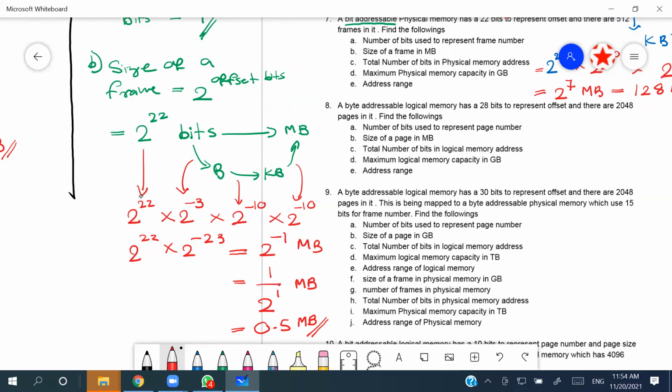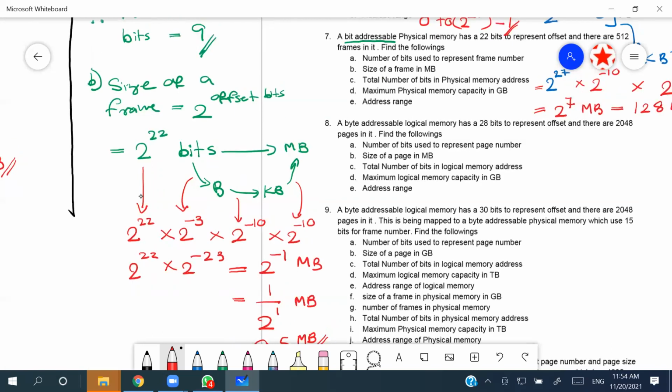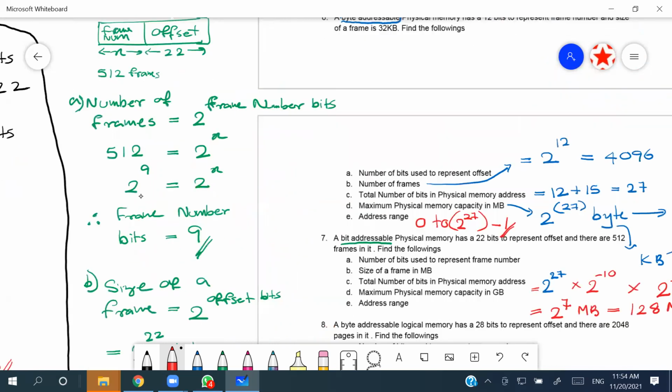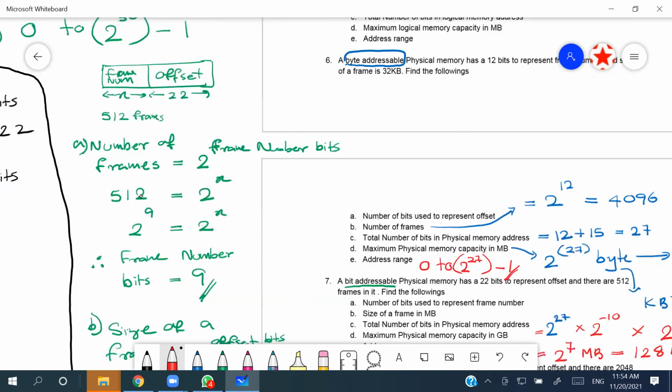Okay, and in part C, it says total number of bits in the physical memory address. Total number of bits is easy to find. In part A, we found there are 9 bits in the frame number, and we know 22 bits are there to represent the offset.